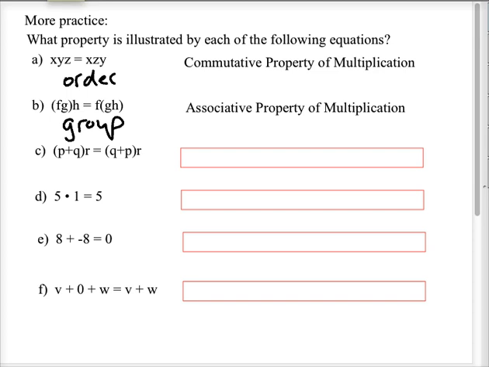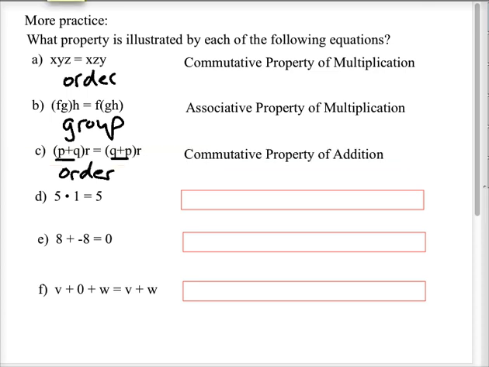All right, in C, notice there is grouping, but it's not the grouping that's changing. What's changing in C? I'm noticing P plus Q, but then here is Q plus P. You flipped the order. The order changed, so that makes it commutative.